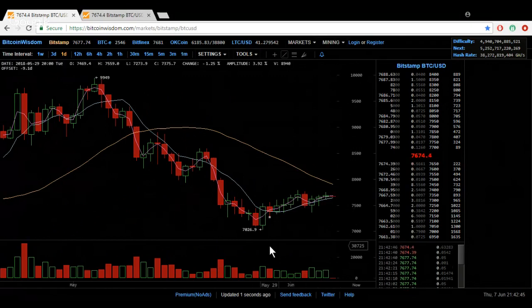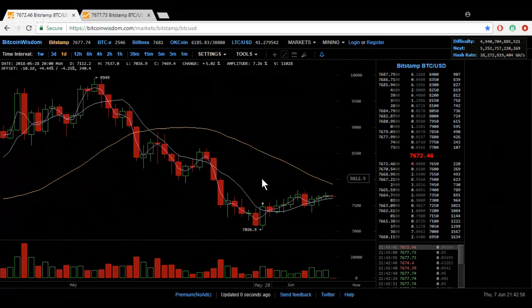And remember, we're talking days now, we just looked at weeks, on the daily chart with 2 days, 7 days, and 30 days on these moving averages.